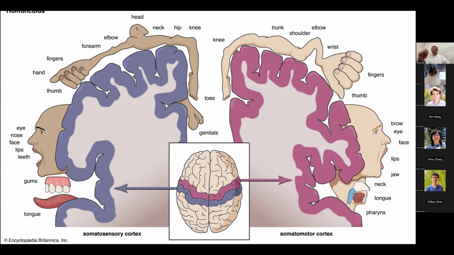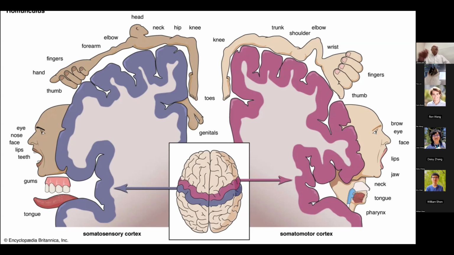So you see there's a lot here corresponding to the hand, the fingers, the thumb, the forearm, the elbow. Now you see there's the legs, not so much is being used up there. There's a lot being used up for the face and so forth.